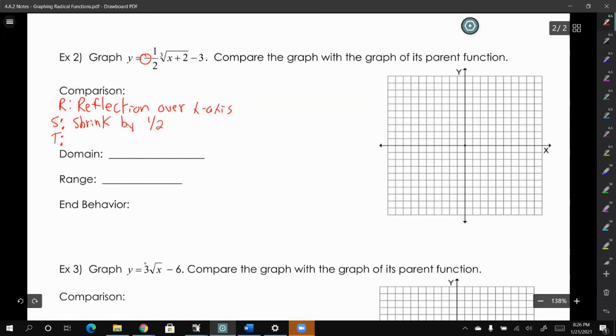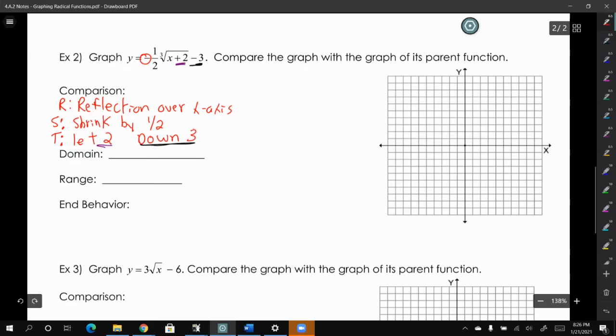Translation, we are translated left 2 and down 3. Left 2 because you have a +2 inside the radical symbol, and a -3 tells us that we are going down 3.